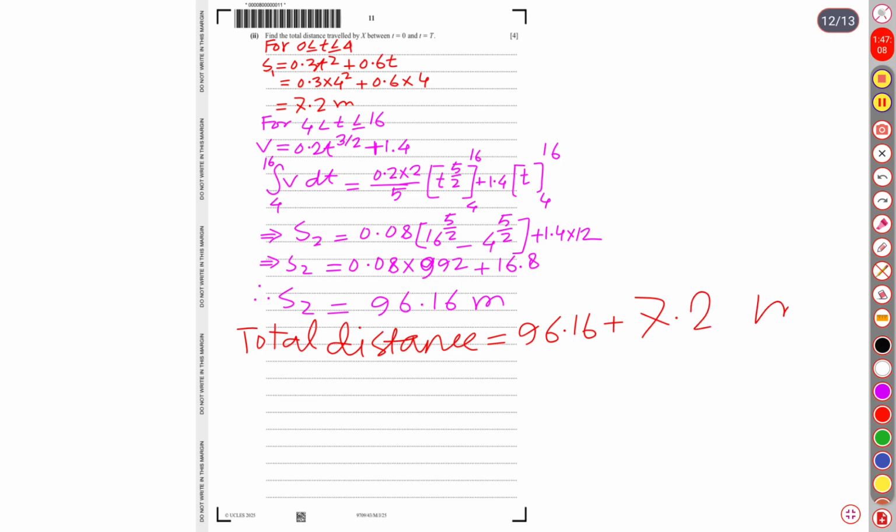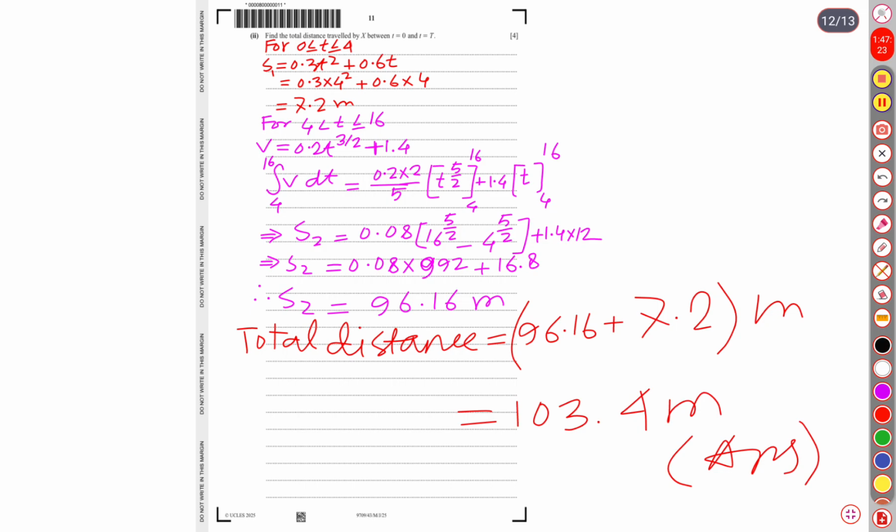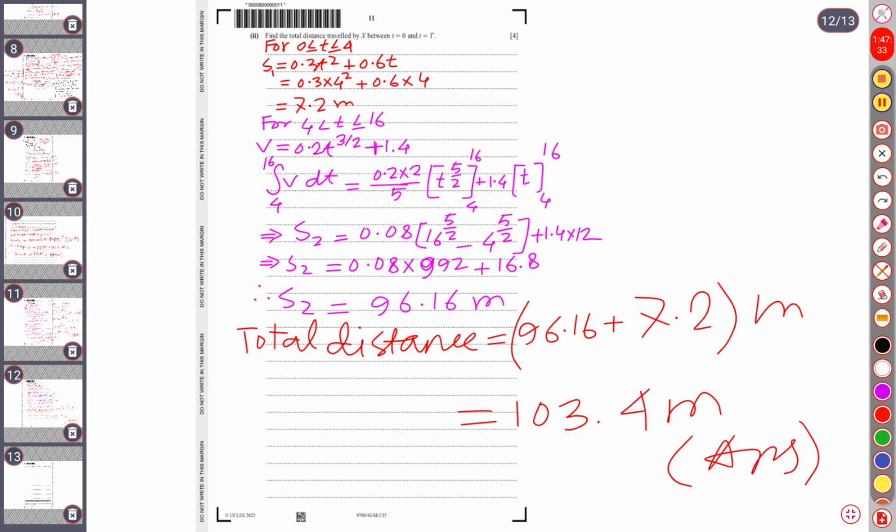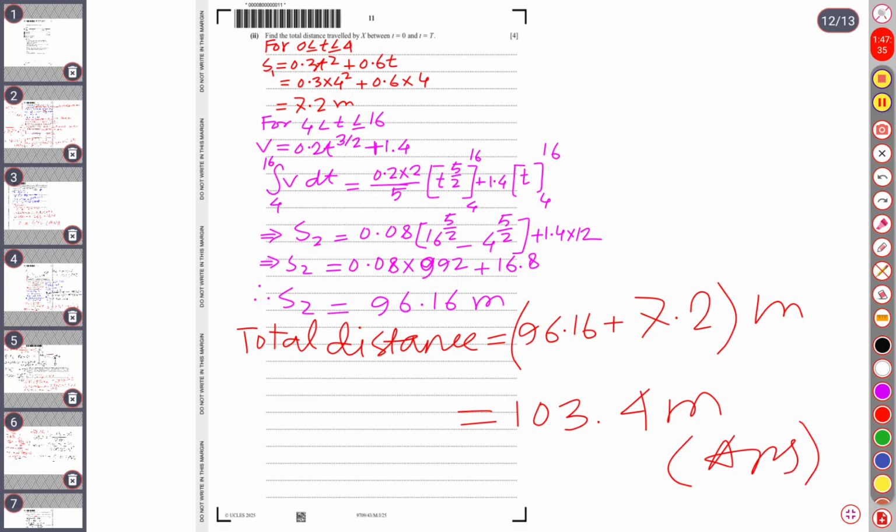So the total distance is going to be 103.4 meters. That's all about this answer. So that's all about the whole of the solution paper, and let me show you each of the pages again.